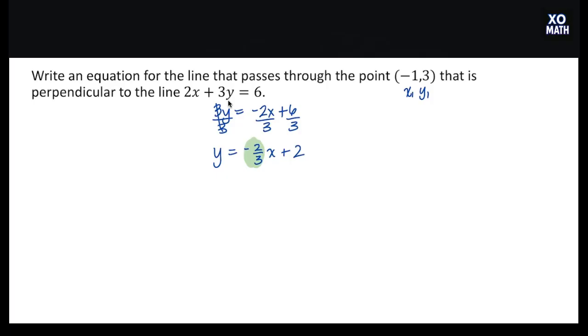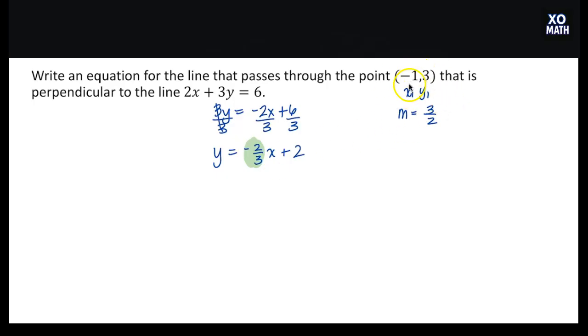But that's not going to be the slope for our line. We want to be perpendicular to this line, so we need to take this slope and make it the opposite reciprocal. So it was negative, opposite means make it positive, and reciprocal is switch the numerator and denominator. So our slope is going to be positive 3/2.